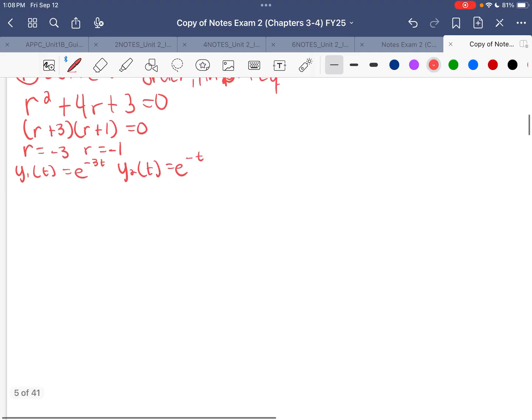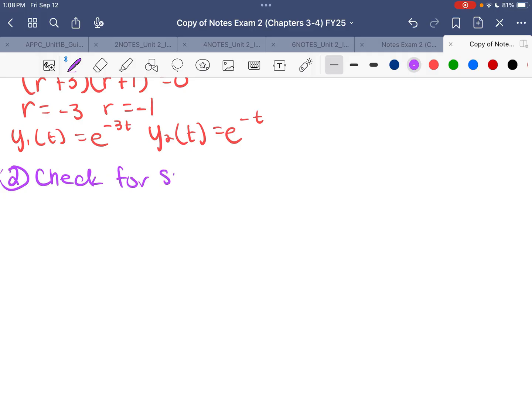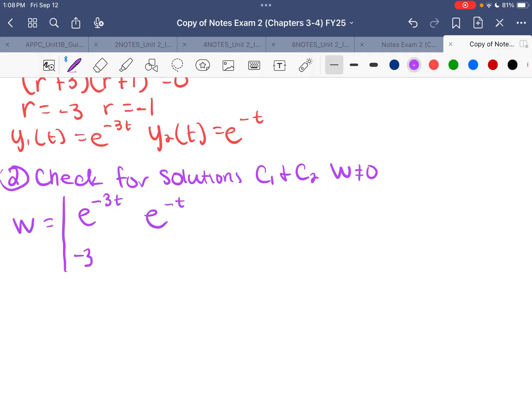Now we're going to check that these are solutions, AKA we're seeing if the Wronskian does not equal 0 with these two solutions. So we get e to the negative 3t, e to the negative t. Take the derivatives and find the determinant.